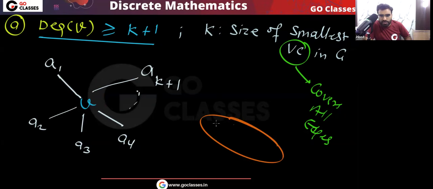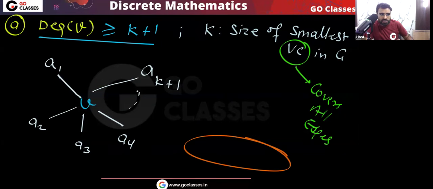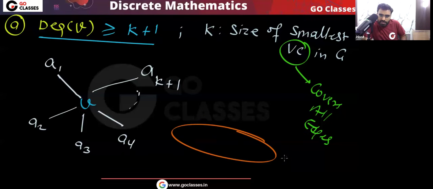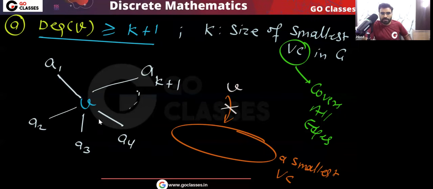There is a smallest vertex cover and V does not belong to it. Then how do we cover this edge?